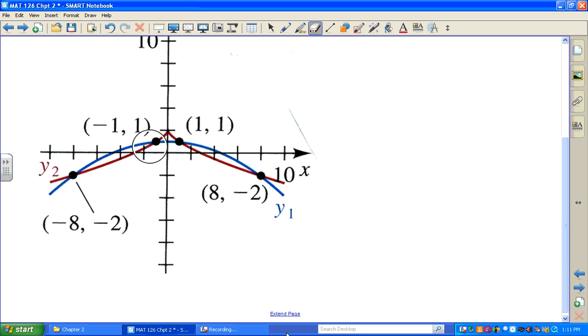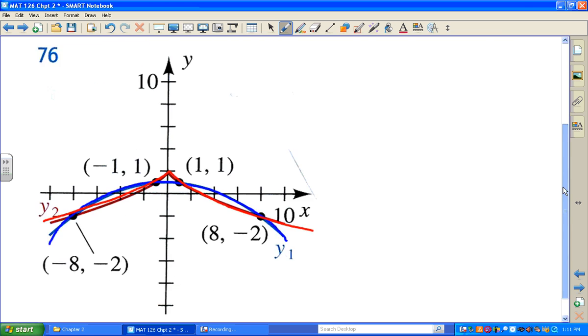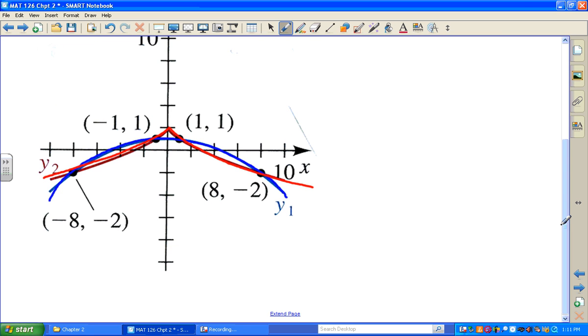Where is the graph in blue bigger than the graph in red? For what x values is that true? Well, the graph in blue is bigger when y1 is less than y2. I got it backwards? Let me see. Oh, yeah. So when's the graph in red bigger than the graph in blue?